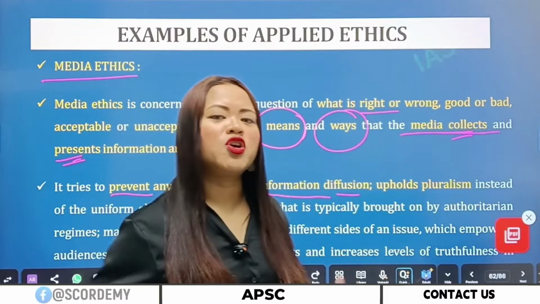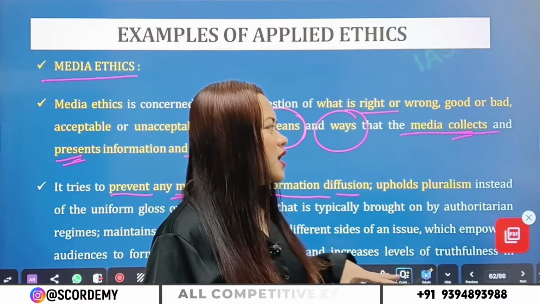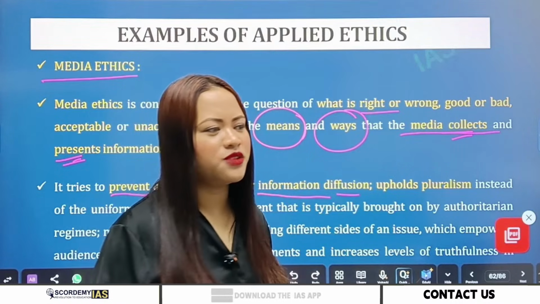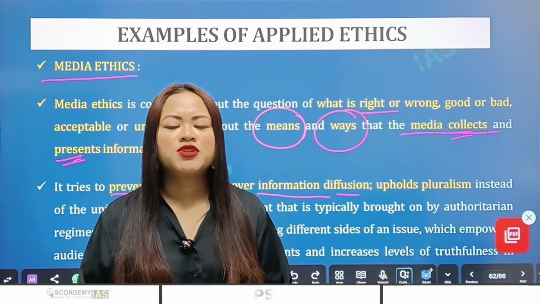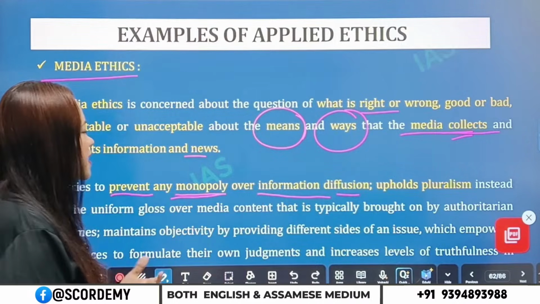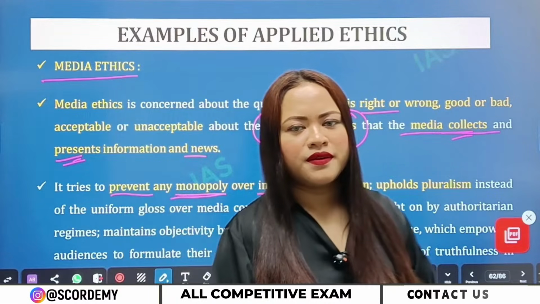when the media houses are run by a few politicians or by one major political party, then we cannot expect to see free and fair expression. We cannot see unbiased news. We cannot see objective news.